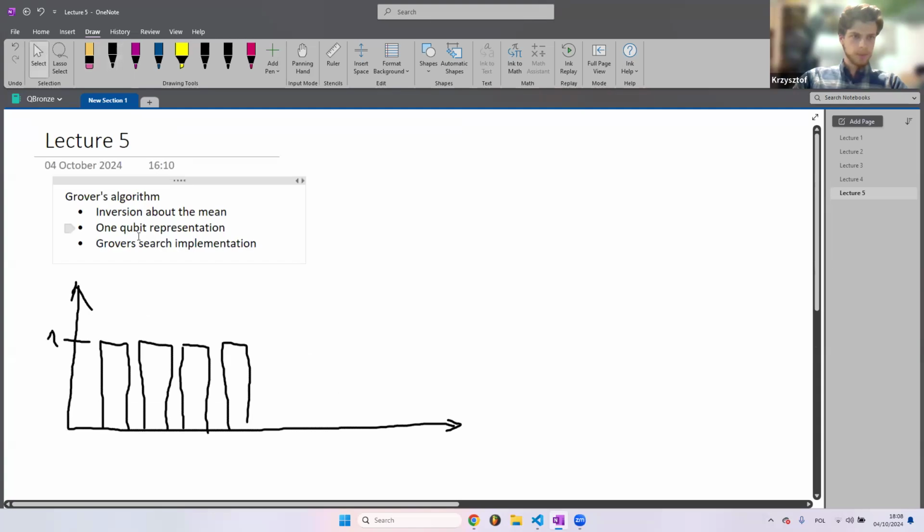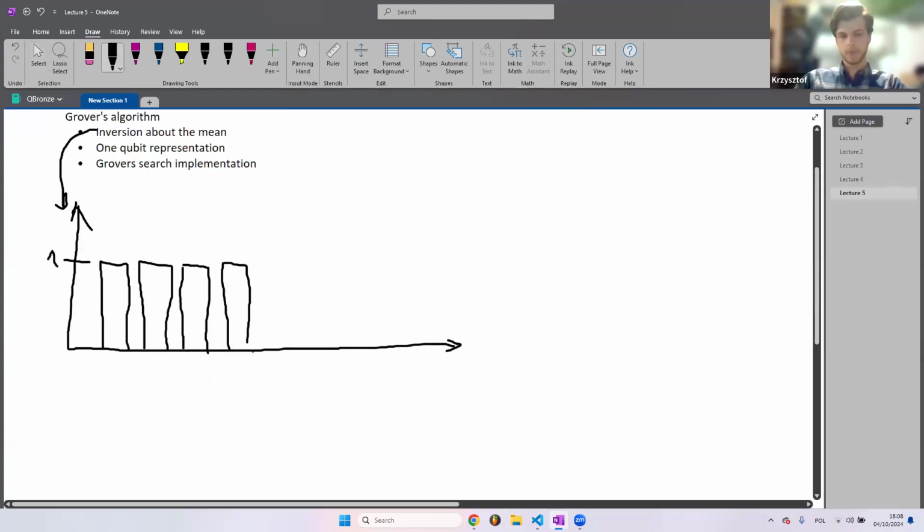So we begin with the inversion about the mean game. Let's think of some classical elements like 1, 2, 3, and 4.